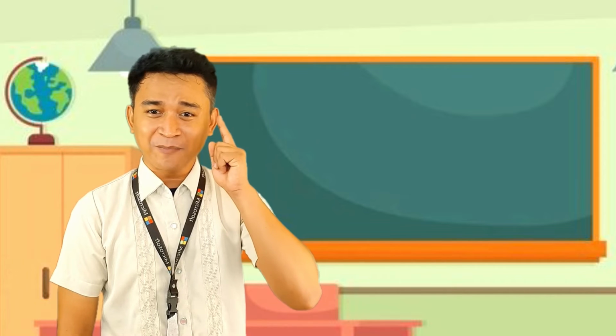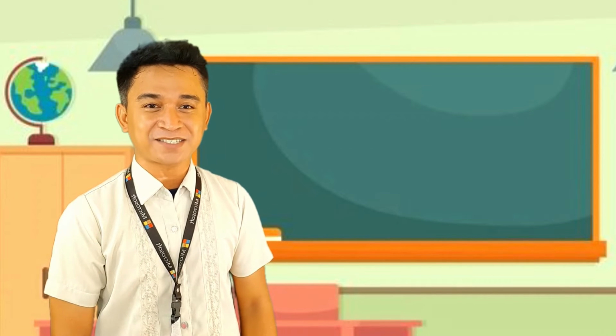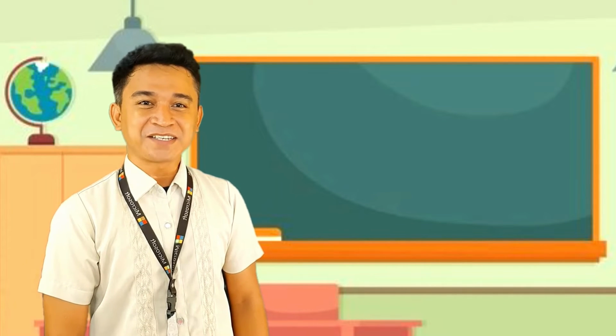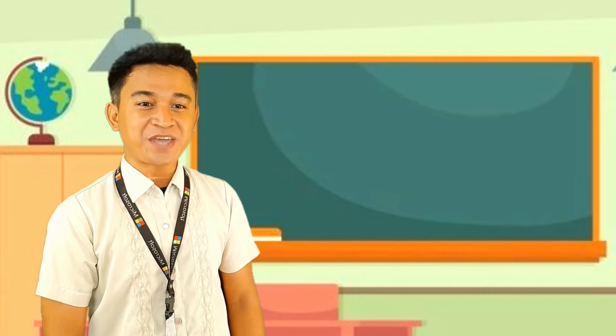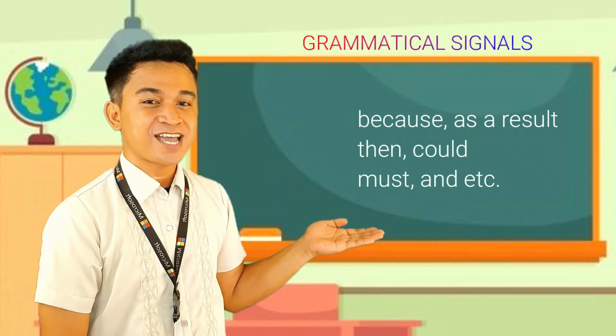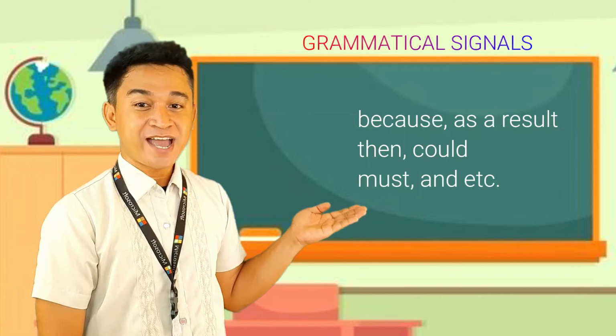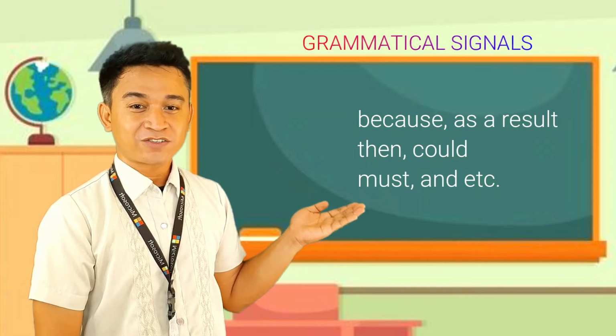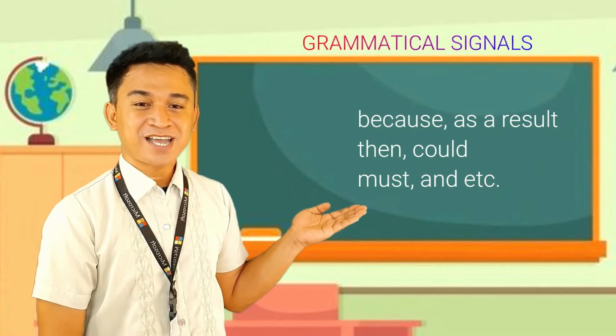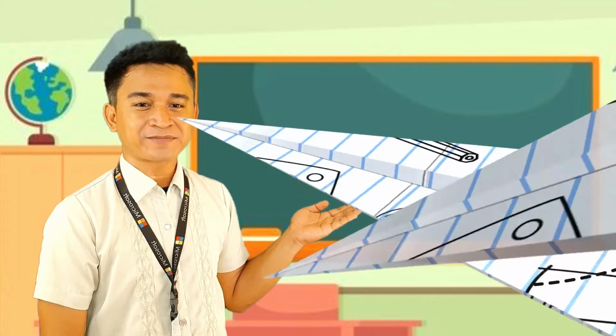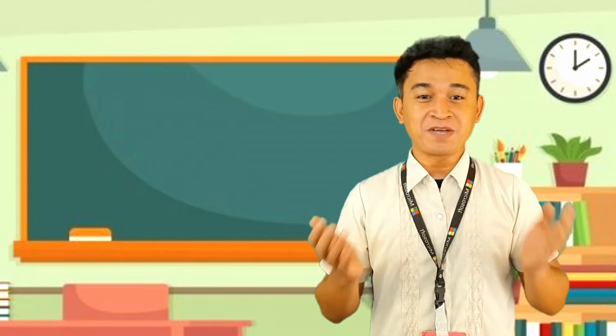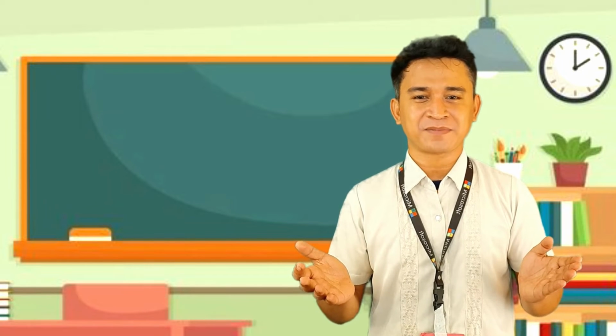Can you still remember those grammatical signals? Okay, to name a few, we have because, as a result, then, could, must, and so many more. Now, we must proceed our lesson.